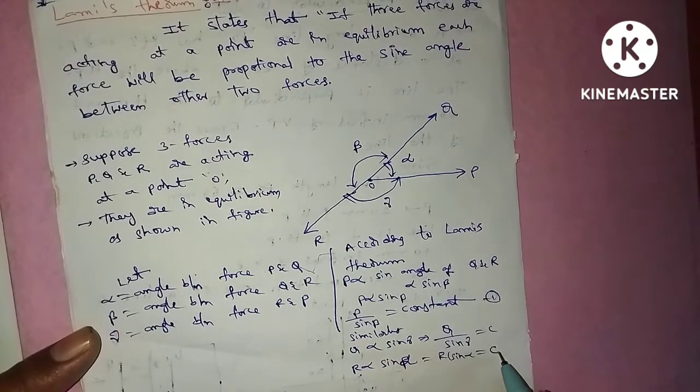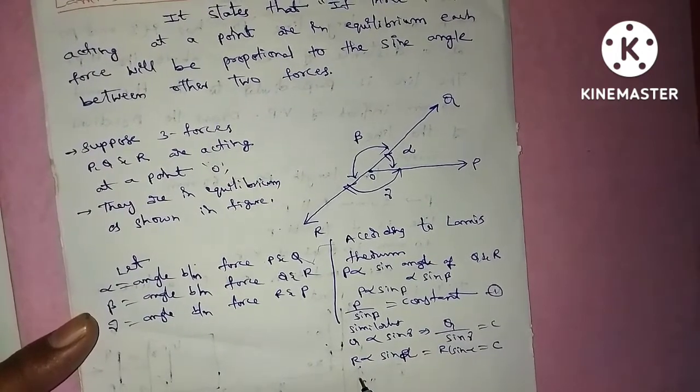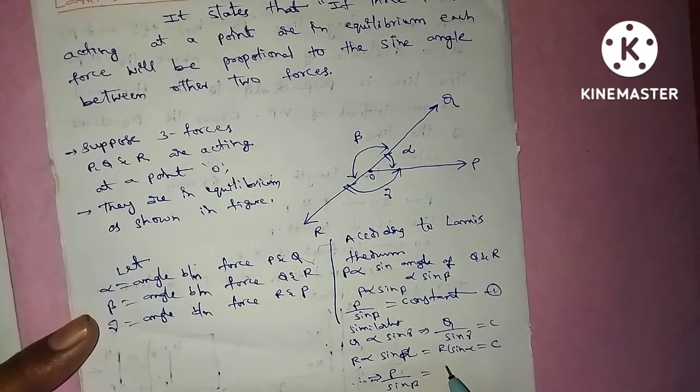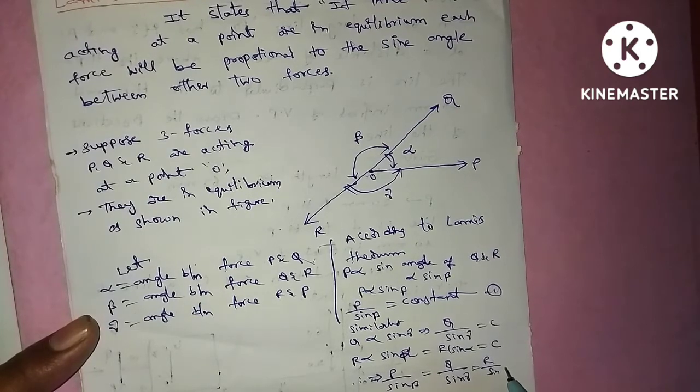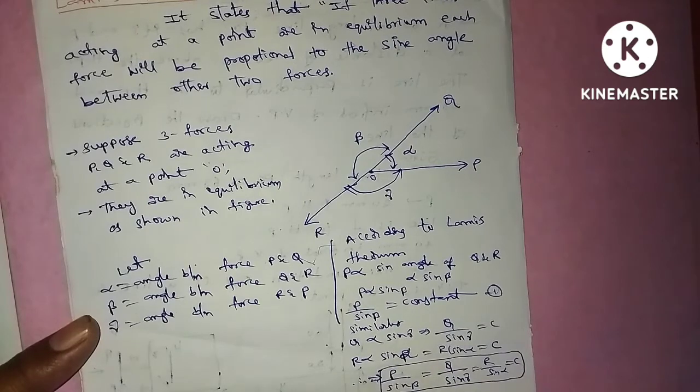So all are constants. Finally P by sine beta is equal to Q by sine gamma is equal to R by sine alpha is equal to a constant. So this is the statement of Lami's theorem.